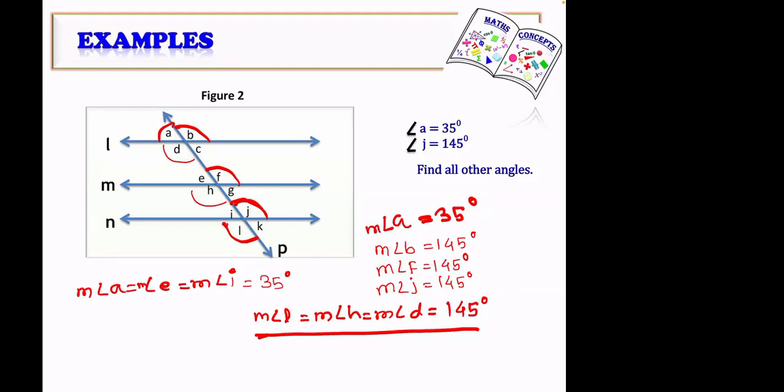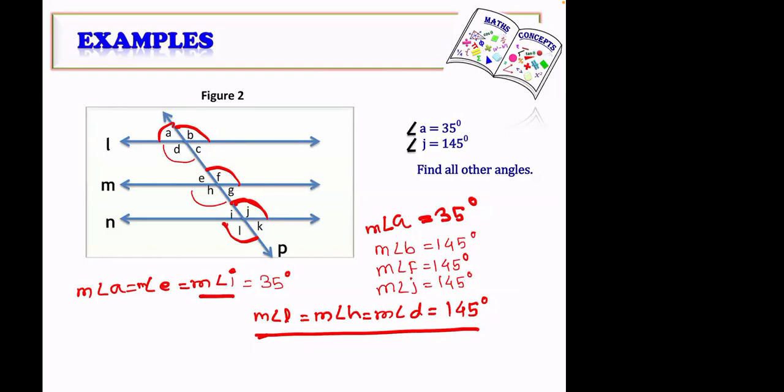Absolutely right. And Soma, which angles are yet to be calculated? Angle C, angle G, angle K. We have already written angle I. So only angle C, G, and K.